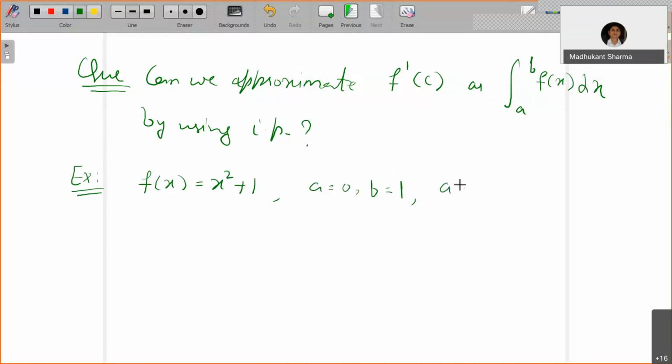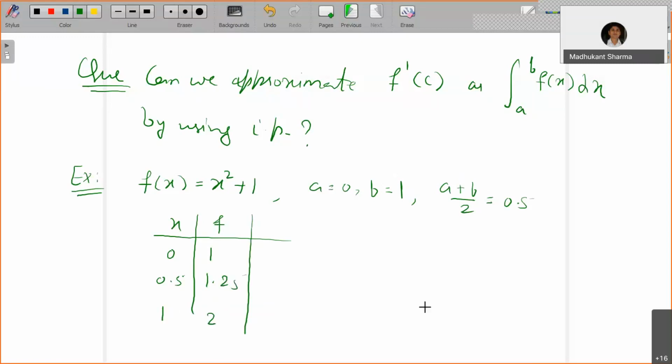So a plus b by 2 is 0.5. So x values are 0, 0.5, 1, and f values are 1, 0.5 square plus 1, that is 0.25, so 1.25, and 1 square plus 1 is 2.